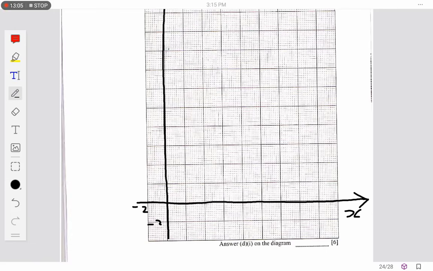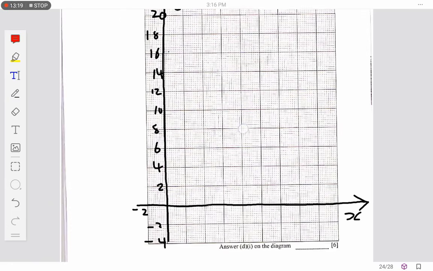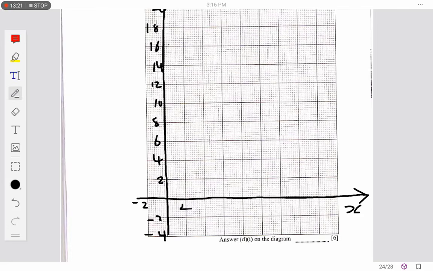In case we have some minus, -4 here. Then 2, 4, 6, 8, 10, 12, 14, 16, 18, 20 here. And for the x-axis it is the same, 2, 4, 6, 8, 10, 12, 14, 16, 18, like that.